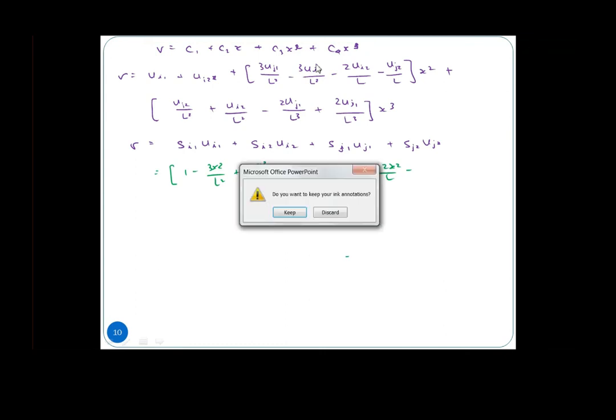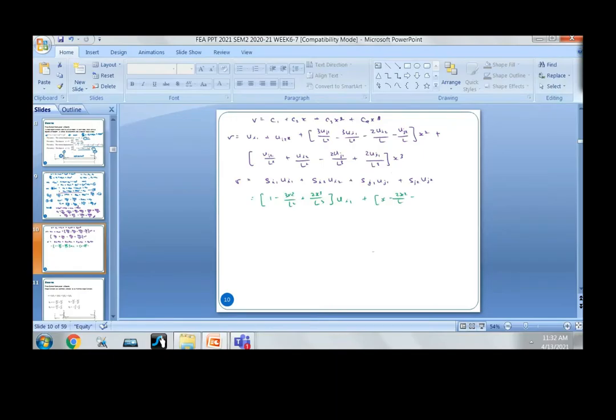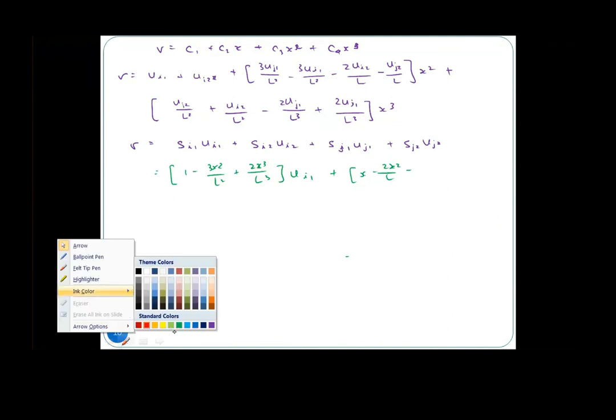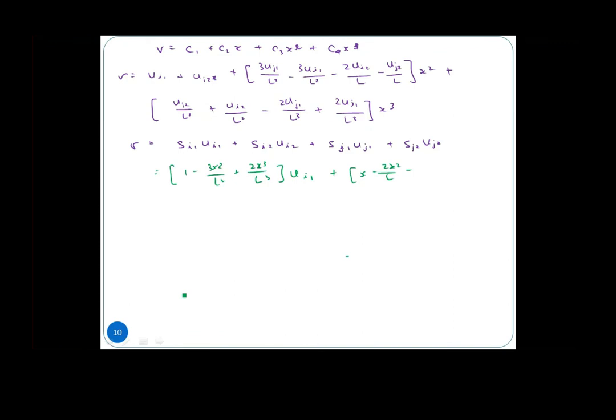What's wrong with this one? Have some problem with the pad. Okay, 2x squared plus x cubed over L squared. Okay, so that is related to ui2. Right, then we plus again our sj1.